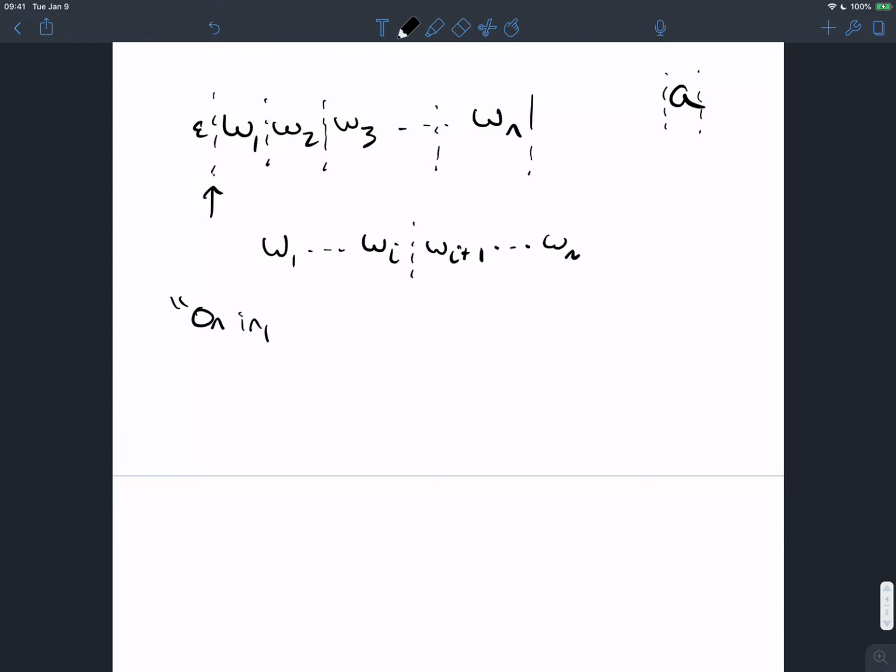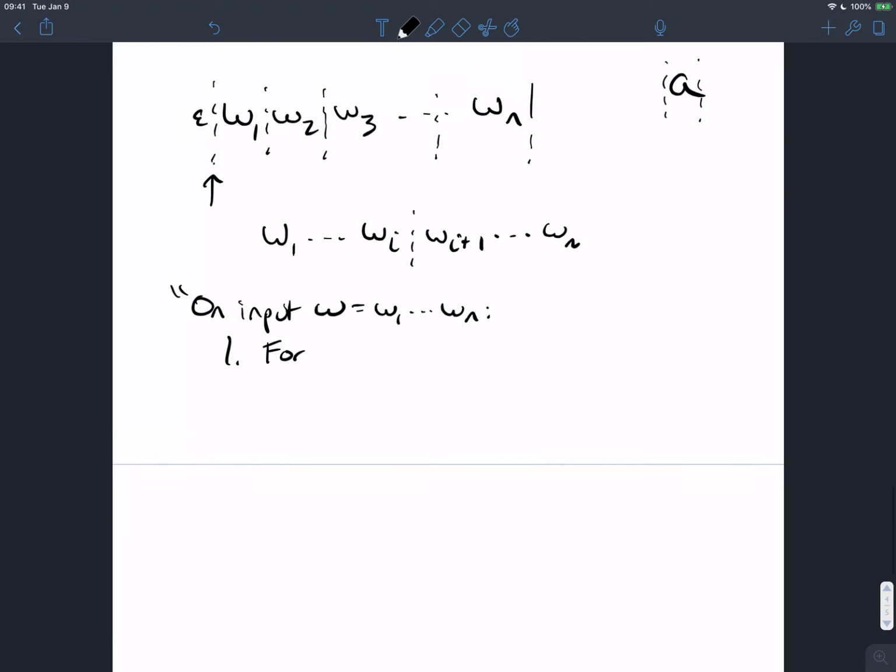So let's make one on input W again. Let's actually give the string the character names, just like the example we have. So for I equals, now the indices are important, 1 to n plus 1, let's say.